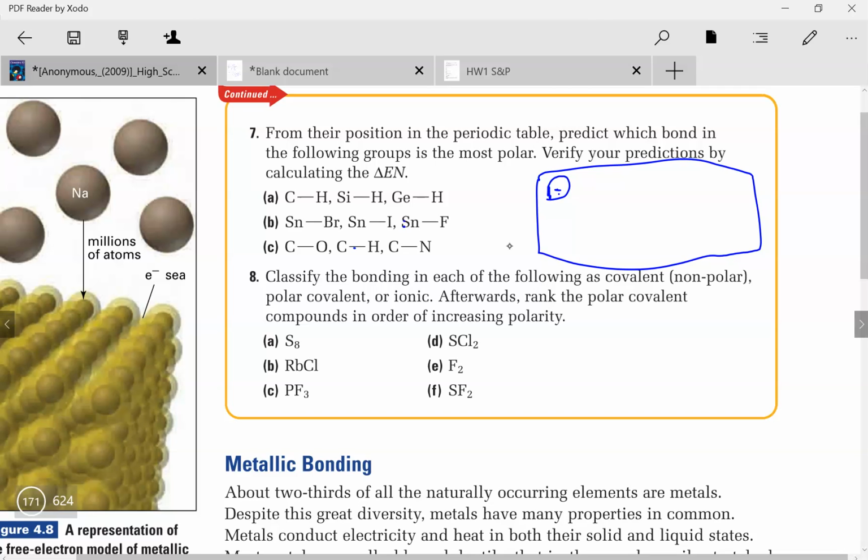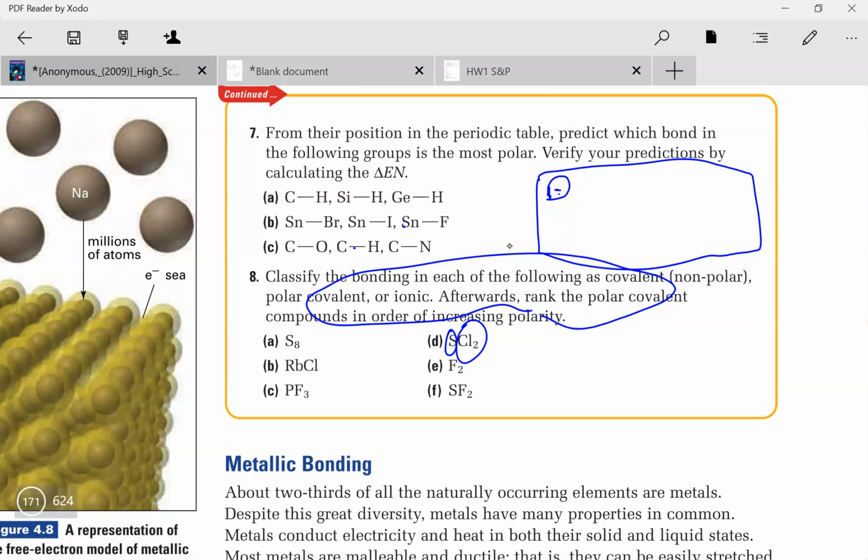Again, to determine whether it's polar or non-polar ionic, you just take the central atom, you subtract this atom. All the questions that we have to do, obviously, this is important because this is like almost the first step before we get into VSEPR theory. We have to figure out, okay, first of all, is this covalent? In which case we continue with our Lewis diagram and our VSEPR as we've been practicing, or is it ionic?